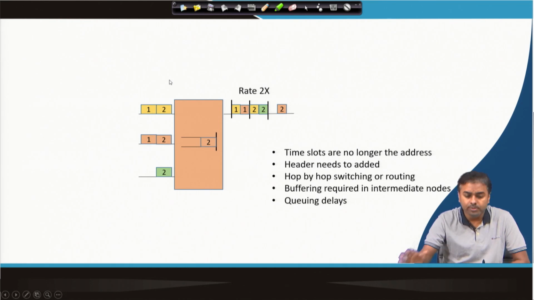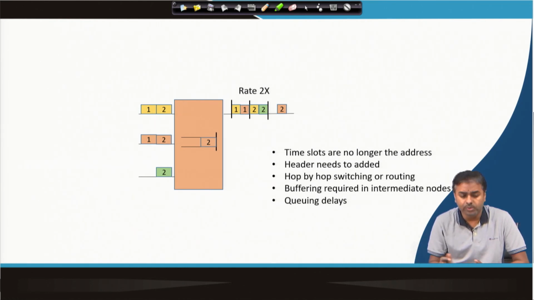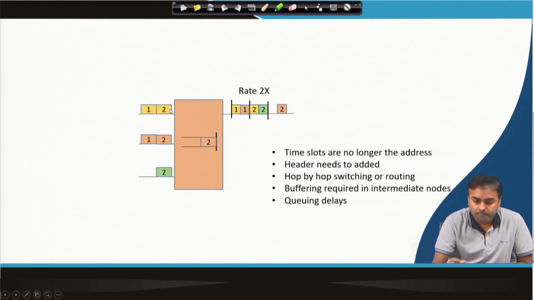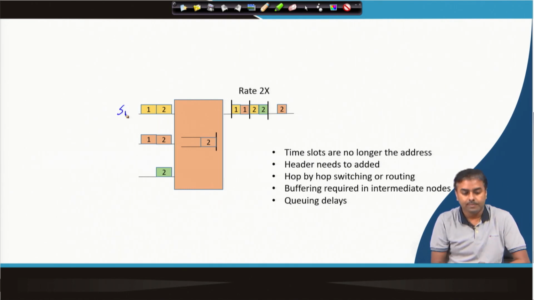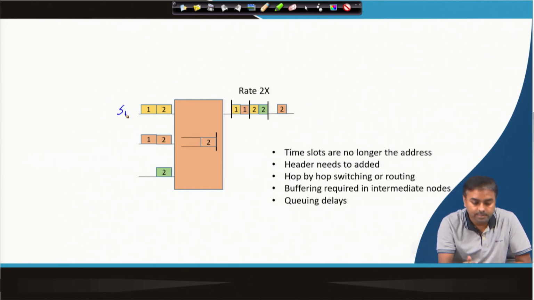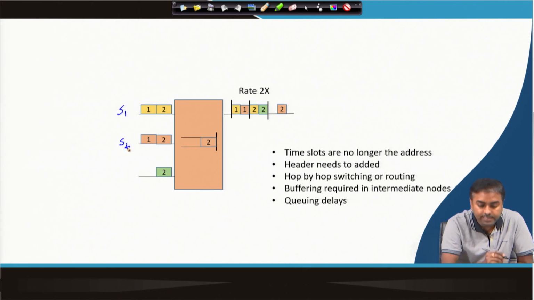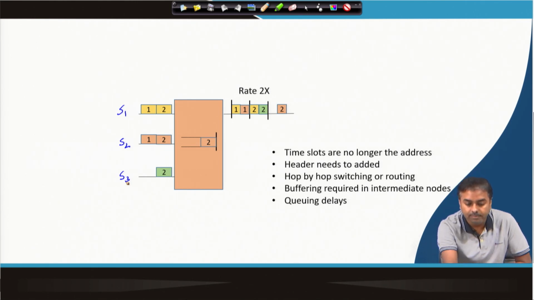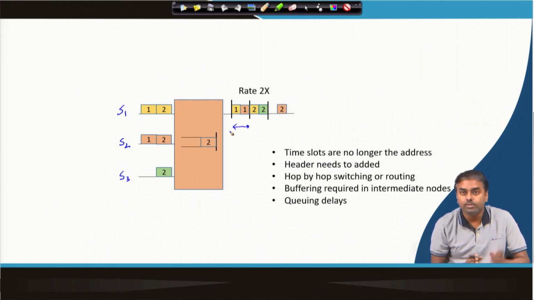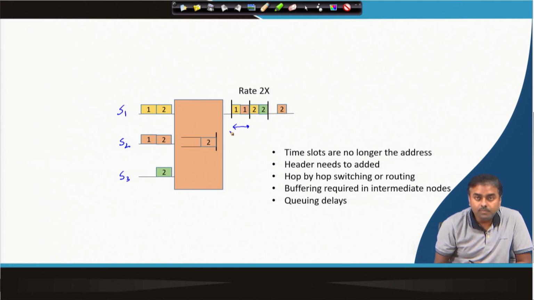I am still doing statistical multiplexing with rate 2, but stream 1 has data in both slots, stream 2 also has data in both slots, and stream 3 has data in one slot. My rate is twice, so within 125 microseconds, or within a frame, I can only put 2 8-bit data samples.